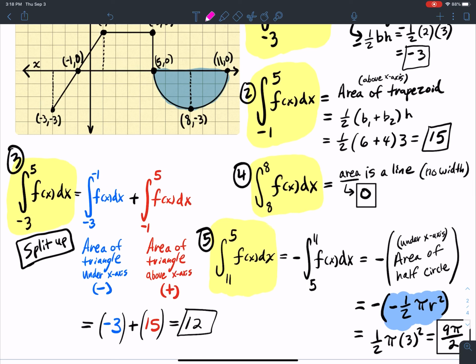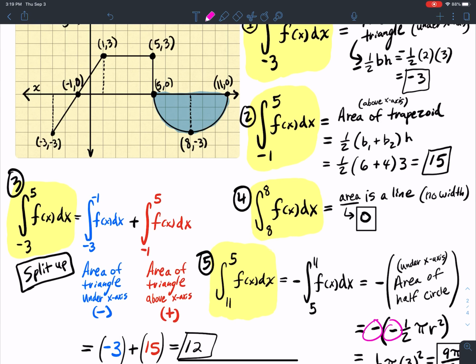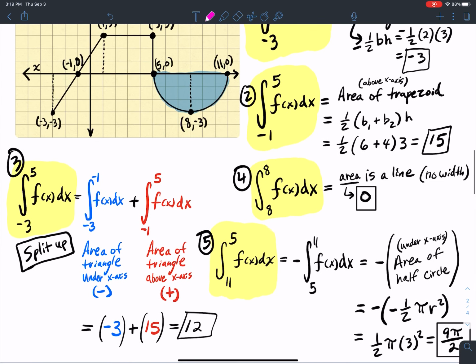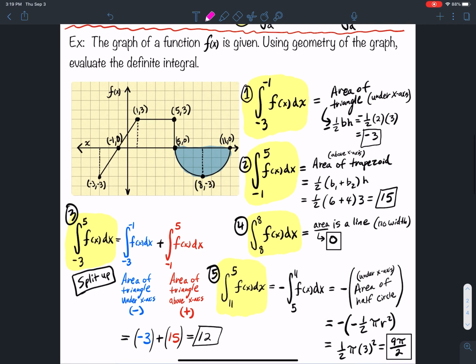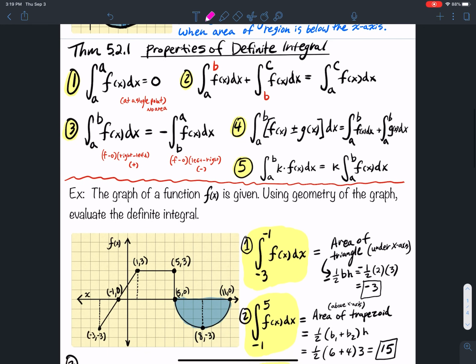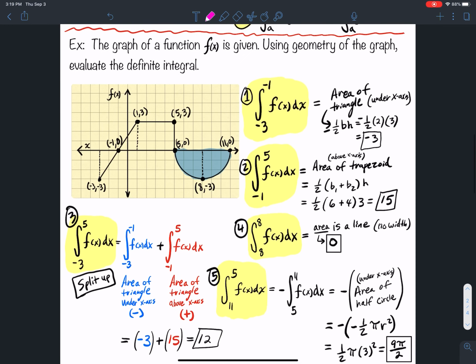So we have this double negatives action going on here that causes it to actually turn into a positive. So a little tricky on that last one, but let me zoom out so you can see all of those problems. And so you saw the properties here, and then you saw the properties in action here.